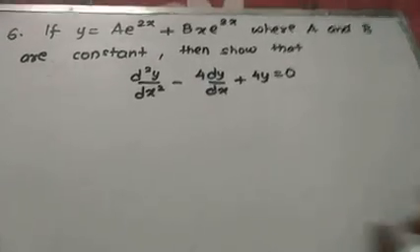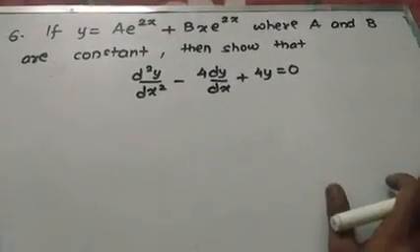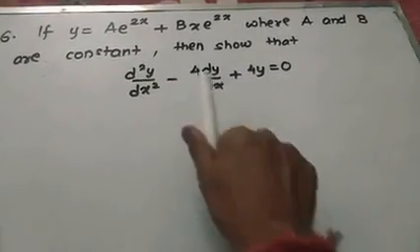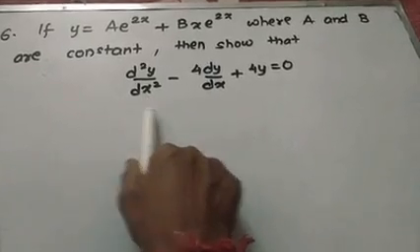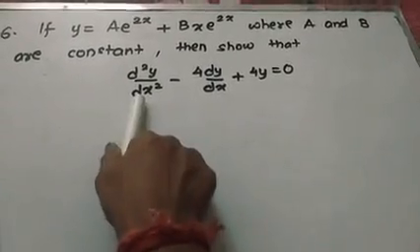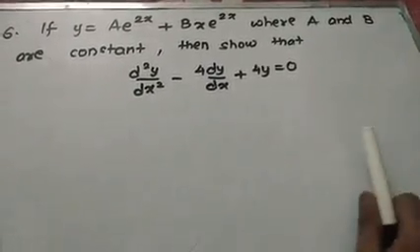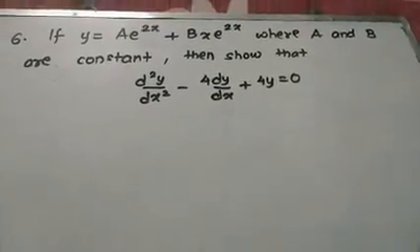So we have to prove this expression. First of all, we will find dy/dx, then we will find d2y/dx2, then we'll put them in the left hand side, and we'll see that all the terms cancel out and the result will be 0.